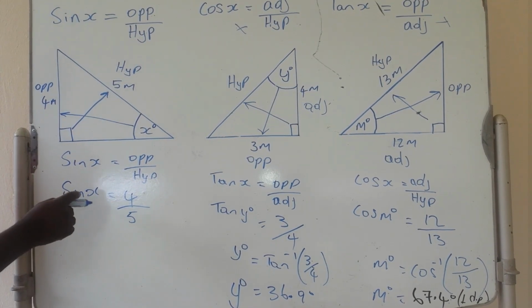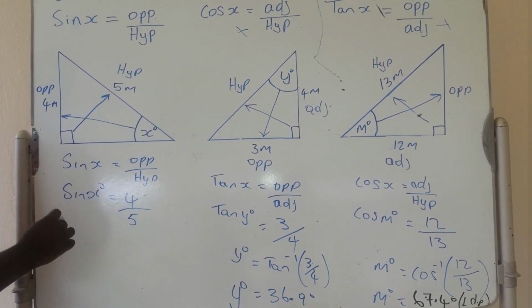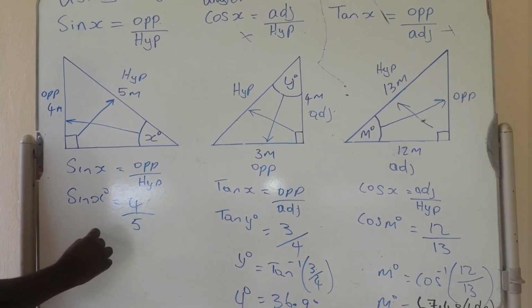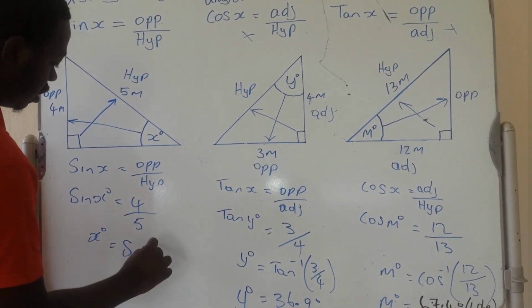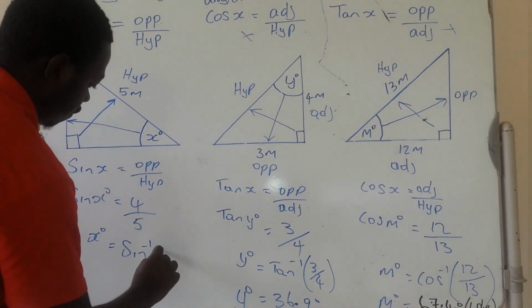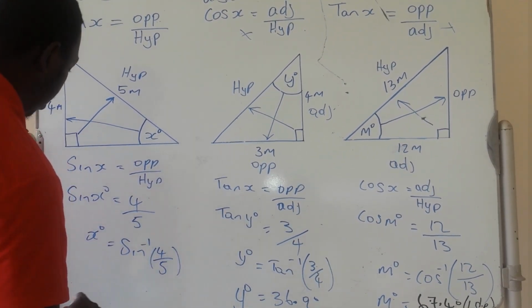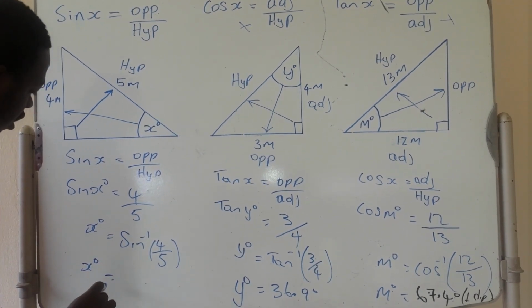Again, to find what x is, which is x degrees in this case, we need to take the inverse of the function, which is sine inverse. So x degrees is equal to sine inverse of 4 over 5. Put that in bracket. All you need to do is just put that on your calculator and you're finished.